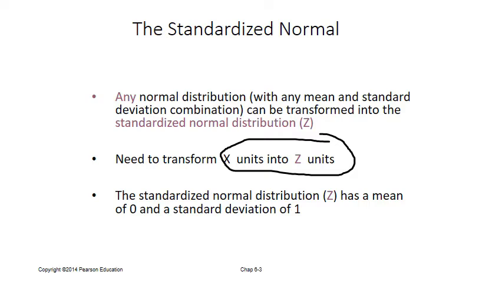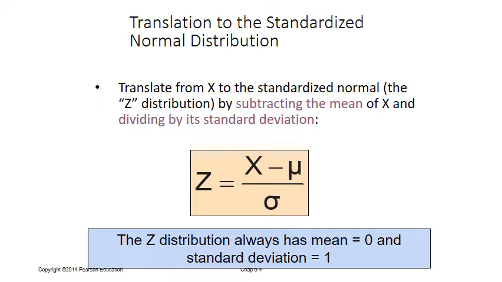There is a very simple formula to transform x units into z units. We need mu, the mean, and sigma, the standard deviation. When you are given mu and sigma, you simply substitute them here corresponding to the value of x, and we get z units.